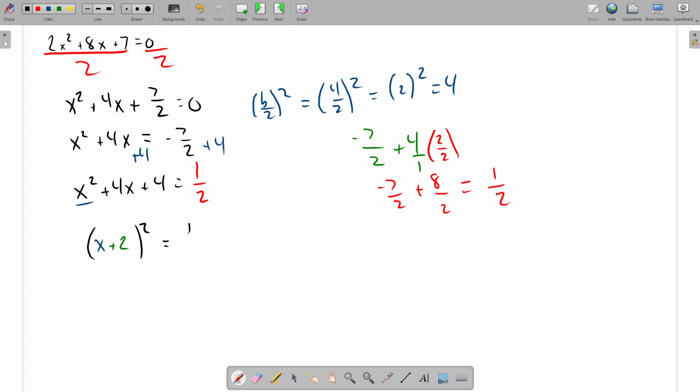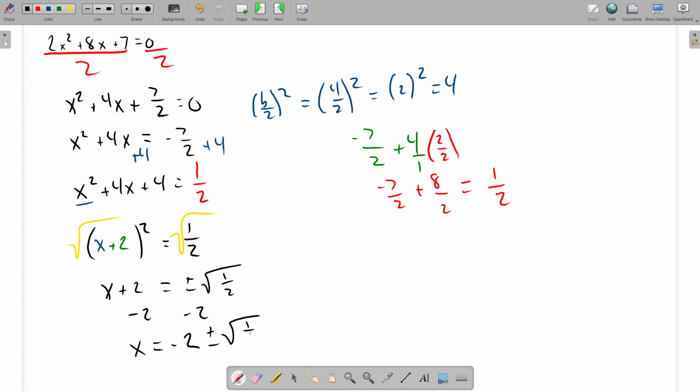And this is equal to 1 half. Now we can take the square root of both sides, leaving us with x plus 2 equals plus or minus the square root of 1 half. We can then subtract 2 from both sides, giving us x equals negative 2 plus or minus the square root of 1 half.